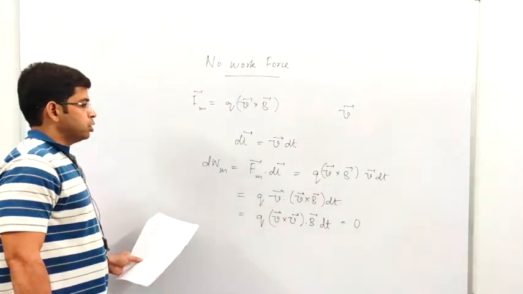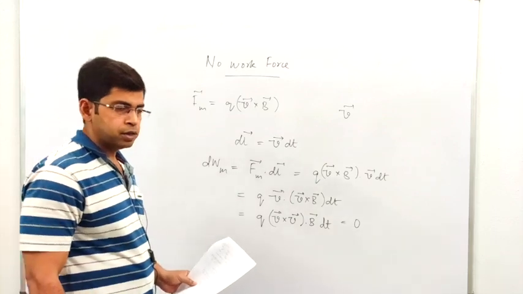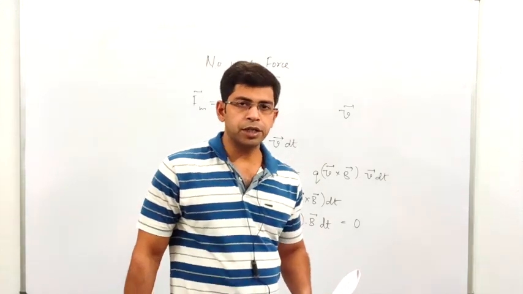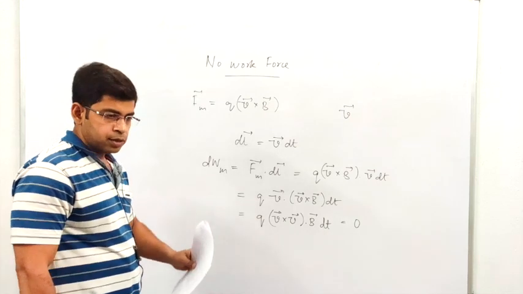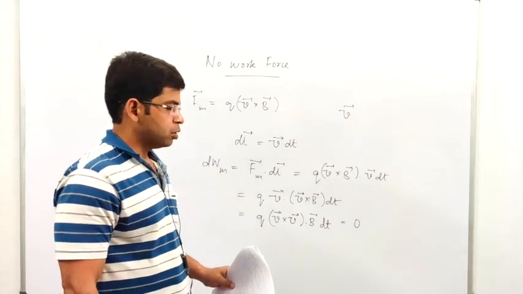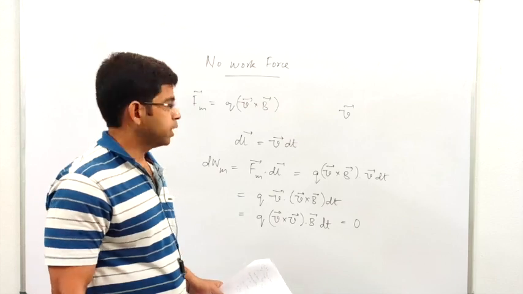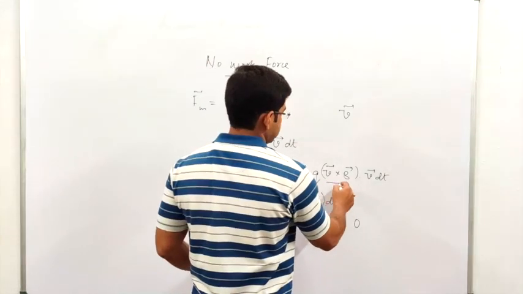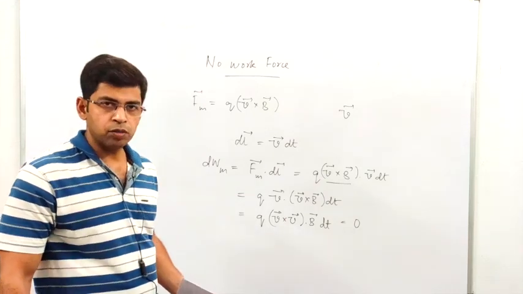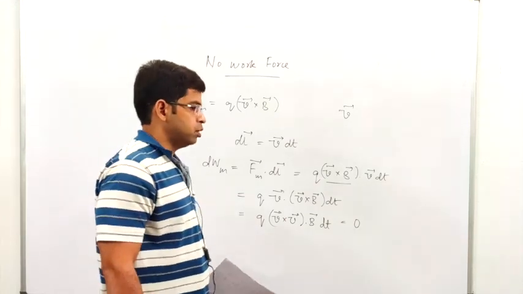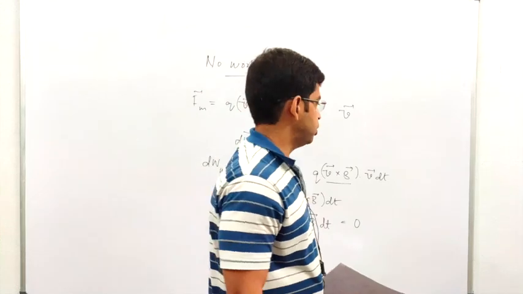Physically, this is because the effect of the magnetic field is only to change the direction of motion of the charged particles. As the force applied on the charged particle is always at right angles because of this cross product, the motion due to the magnetic force will always be at right angles to the actual motion. So the work done will always be 0.